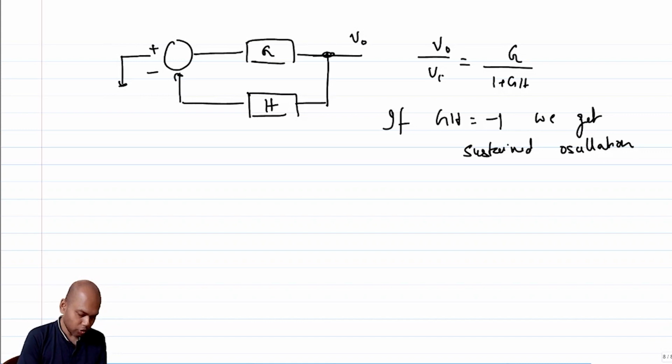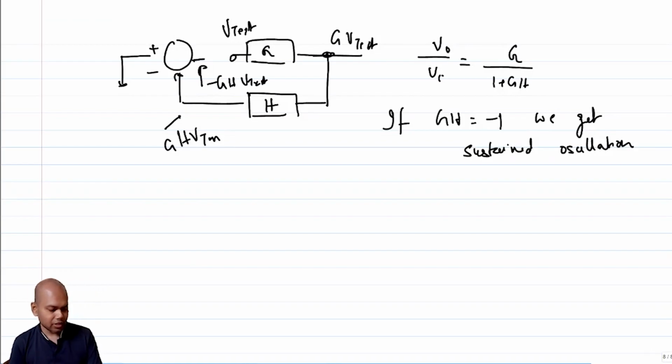So you break the loop somewhere. Let's say I break the loop here. It is not straightforward to break the loop every time. So I apply a V test here, and then this becomes G times V test. This becomes H times G times V test. So this becomes minus GH times V test.